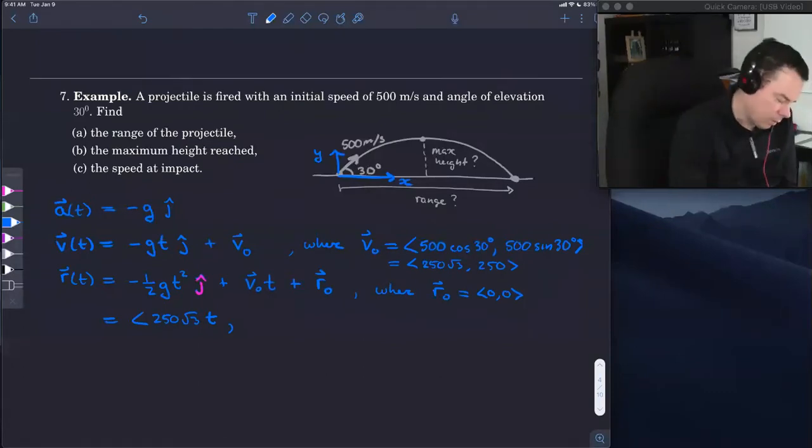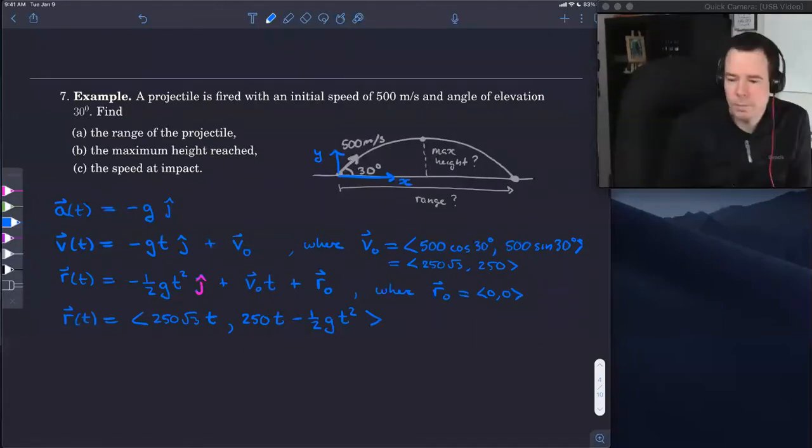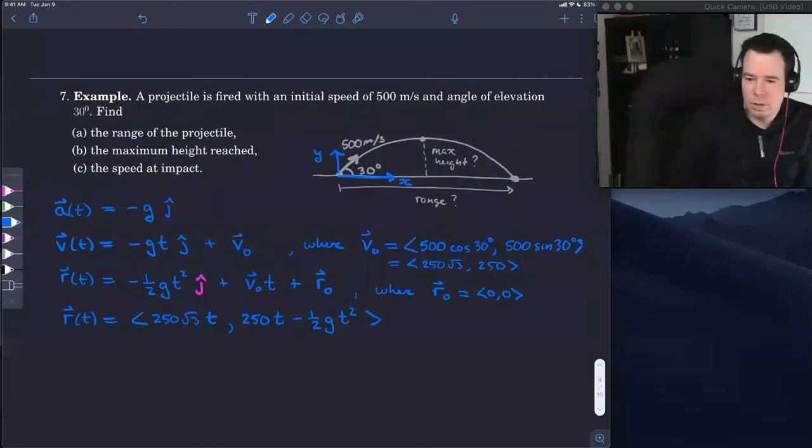That's coming from the first component of v naught times t. And then we've got 250 t minus 1/2 gt squared. And so there is our position at any given time.